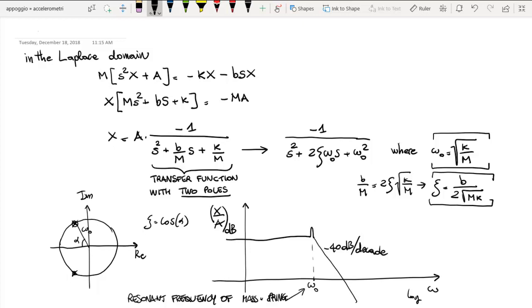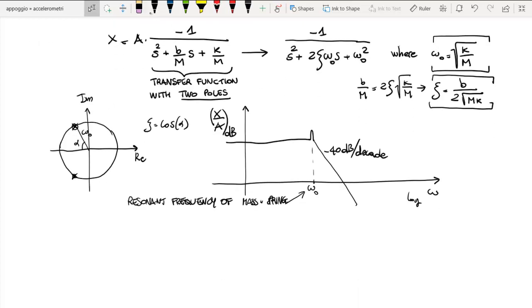From a practical point of view, it means that if you extend the spring and leave it free, then the mass is oscillating with the spring at a frequency which is exactly omega 0.